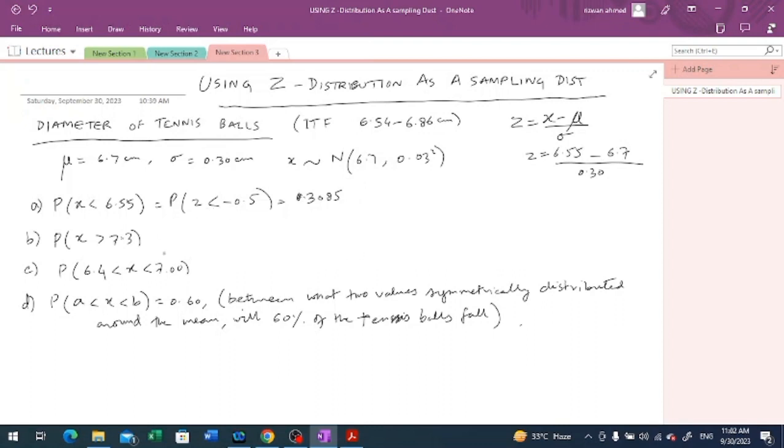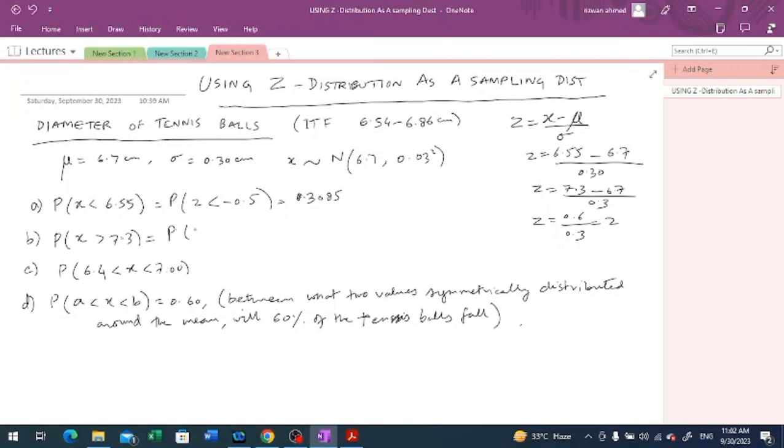Now, dealing with this part, again we substitute x as 7.3, take away 6.7, divided by 0.3. The difference is 0.6, and dividing by 0.3 gives a z value of 2.